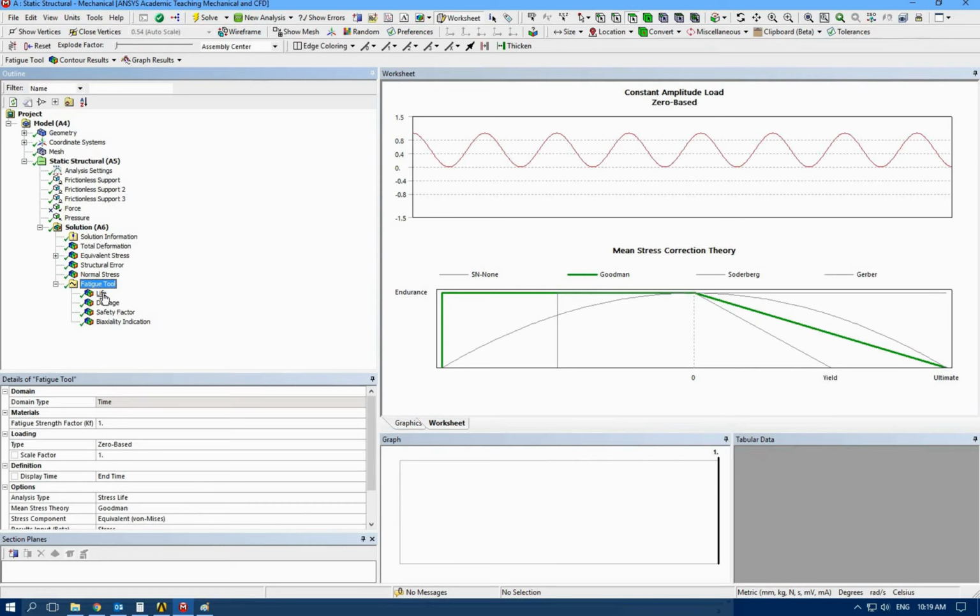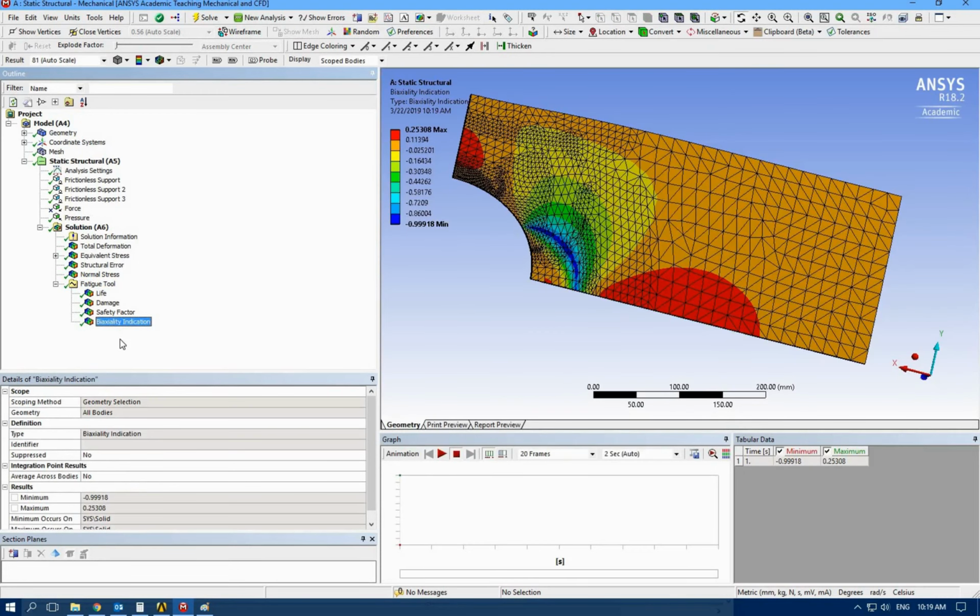Okay, let's see. Let's start with the last one. This one shows what type of loading we have there. If the number is close to -1, we have pure shear inside. As you can see, we have a blue area where we have pure shear. If the number is close to 0, like this green area, we have pure one directional loading.